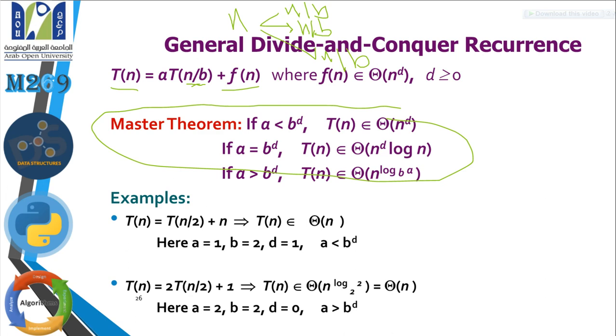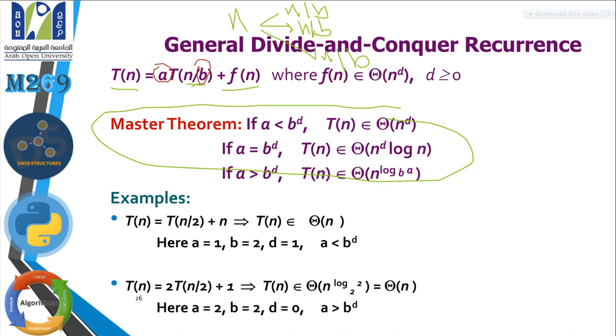Okay, what is the master theorem? The master theorem says you have here a, it's very important to know this, a and b.